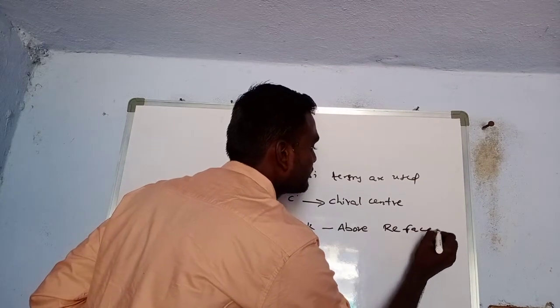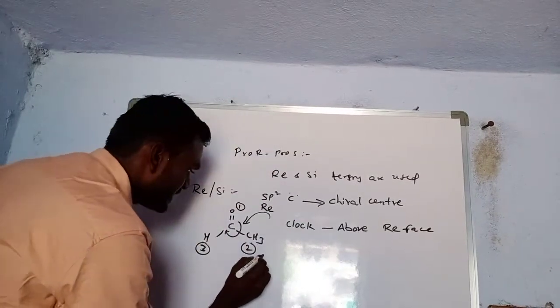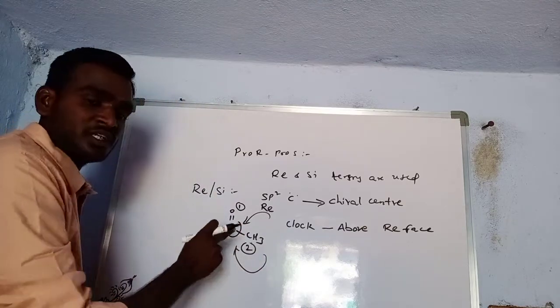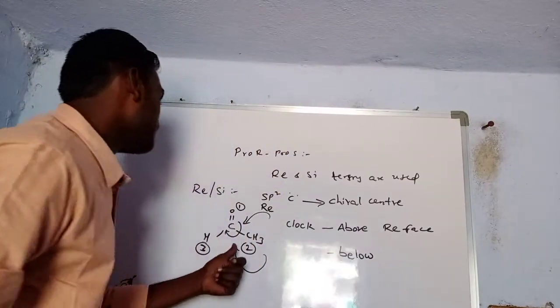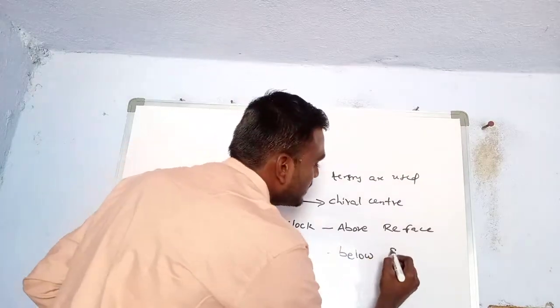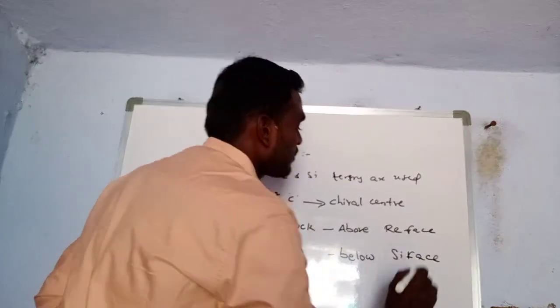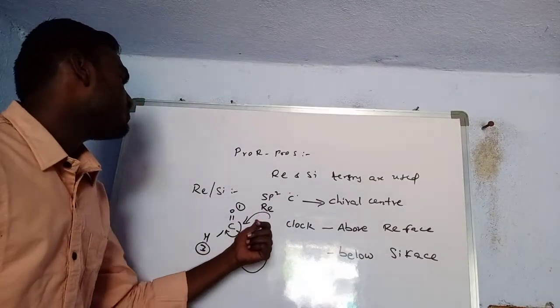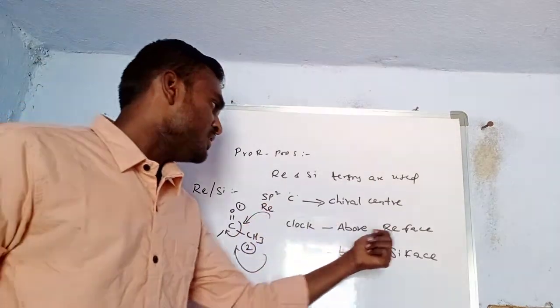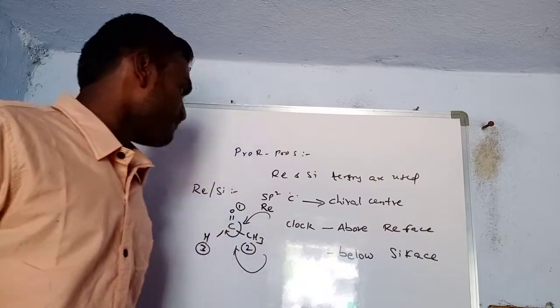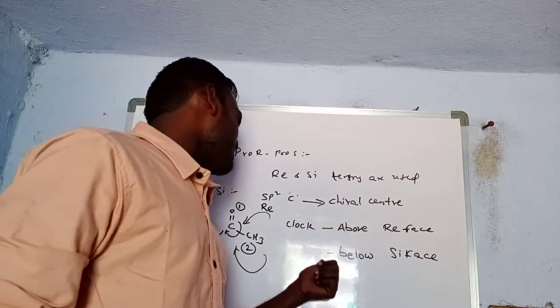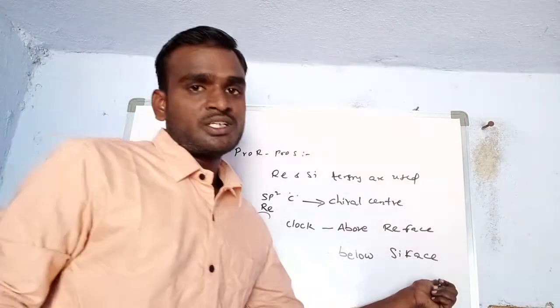That is known as the Re face. If the priorities are clockwise and the nucleophile attacks from below the face, then that face is known as the Si face. Once again, if the priorities are clockwise and the nucleophile attacks the above face, it gives the Re face; if it attacks the below face, it is the Si face.